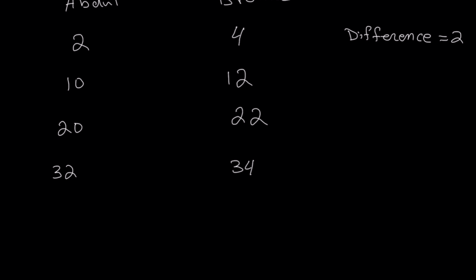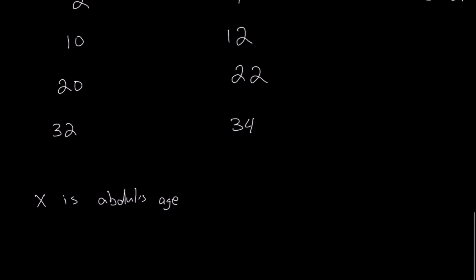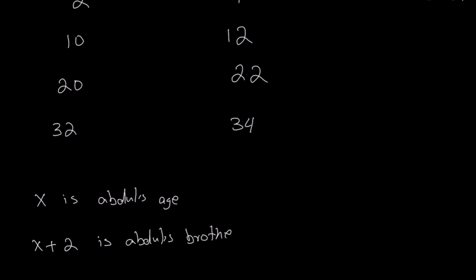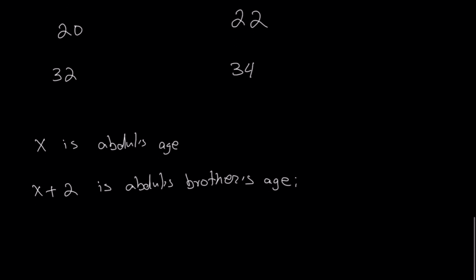Let's formulate that. Let's say X is Abdul's age, and X plus 2 is Abdul's brother's age.